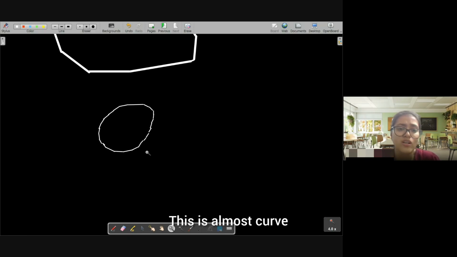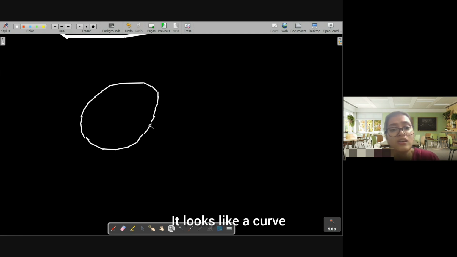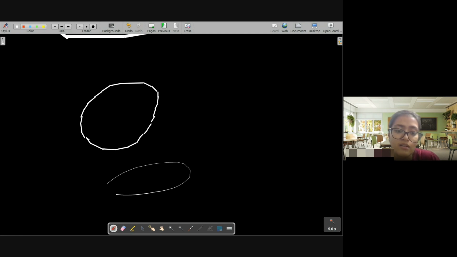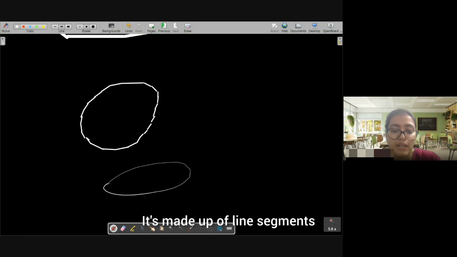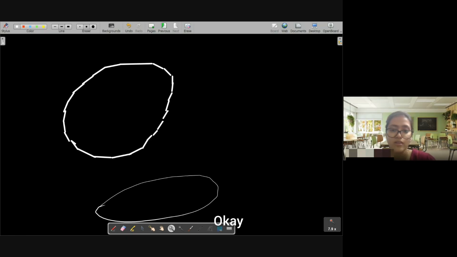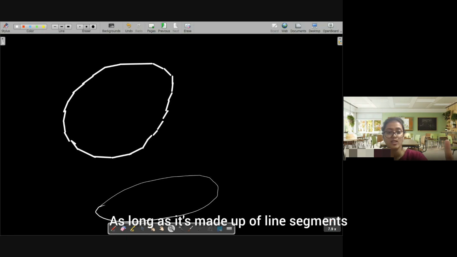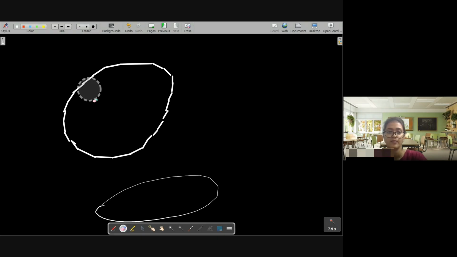This is almost curved. It looks like a curvy shape, right? Mm-hmm. But it's not. It's made up of line segments. As long as it's made up of line segments and it's closed, it's going to be a polygon.